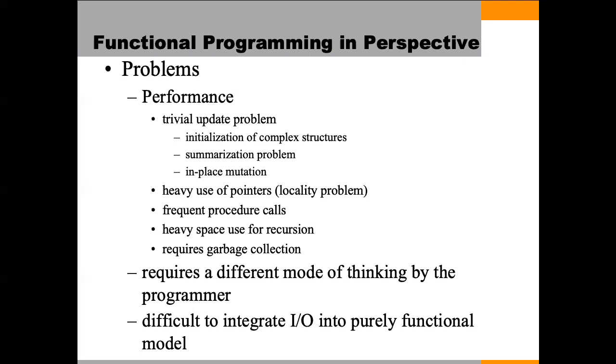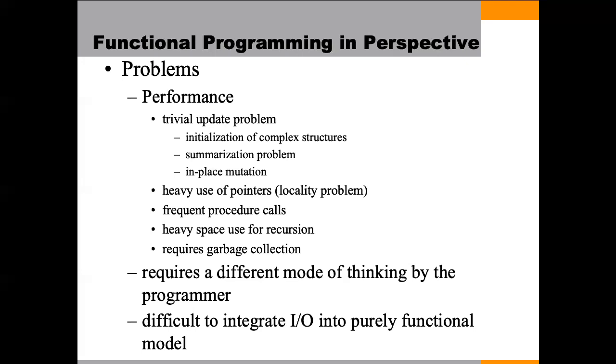You can't update those frequency counts. So that's called the summarization problem. You are trying to summarize, kind of accumulate these frequency counts, but you can't because of the lack of side effects. So the only way to do it is to effectively create a completely new hash table or association list with only one element of the association list modified, with one added to that frequency count.